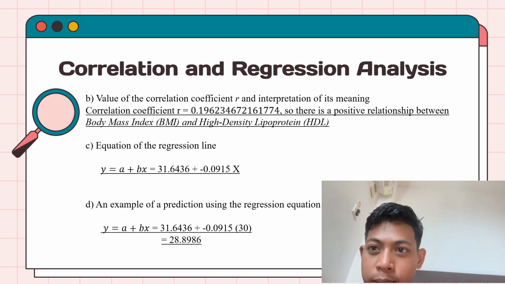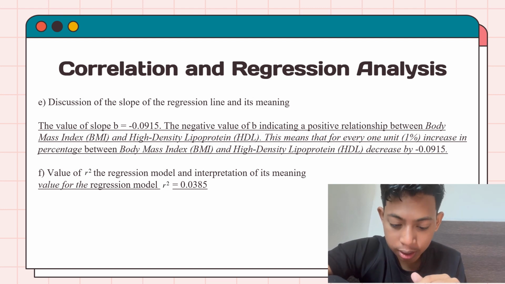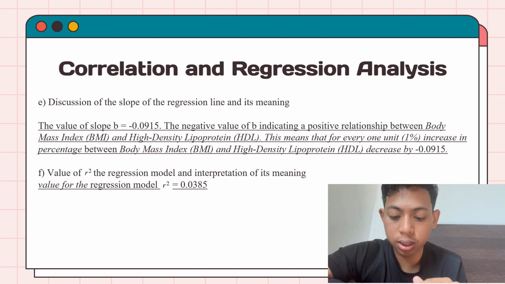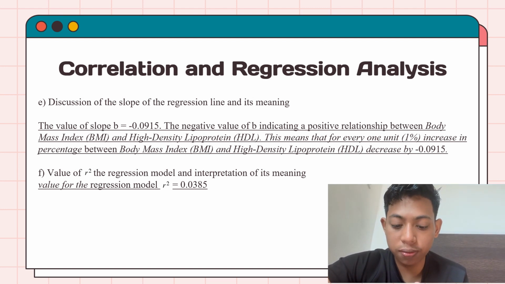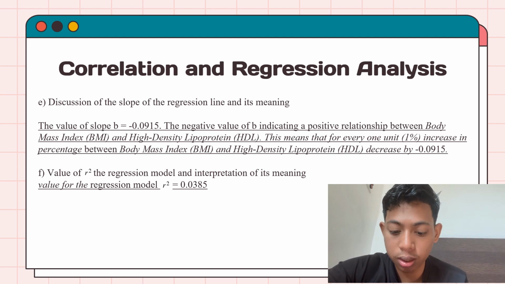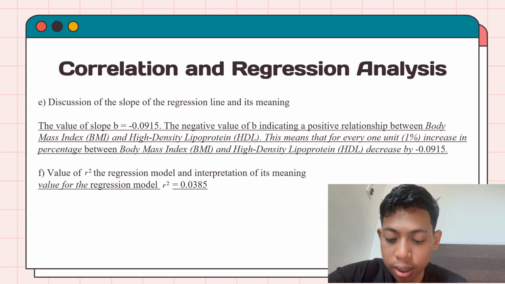Okay, for question E, discussion of the slope of the regression line and its meaning. The value of slope b is negative 0.0915. The negative value of b indicates a relationship between body mass index, which is BMI, and high-density lipoprotein, HDL.